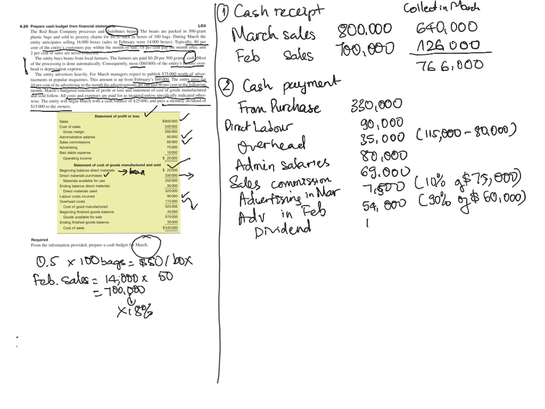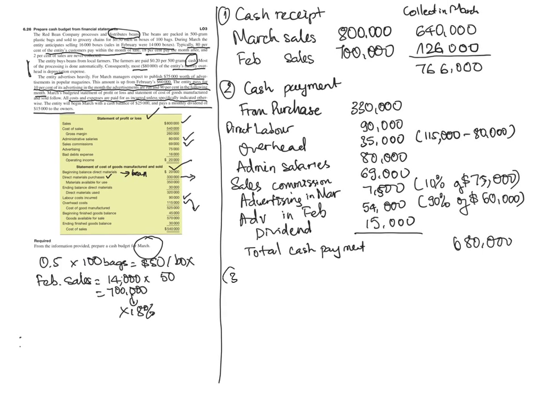The dividend is 15,000 per month. Now, as you go through all the details from top to bottom, you know that you have included all the figures. And the total cash payment is, you add all of them and you come up with 680,000.